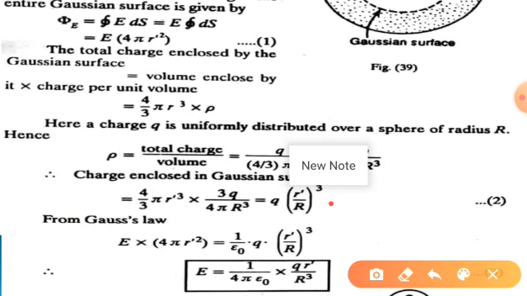This is the charge enclosed by our Gaussian surface.